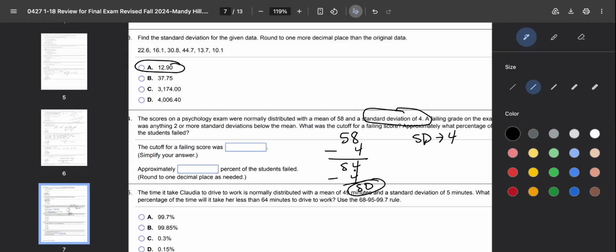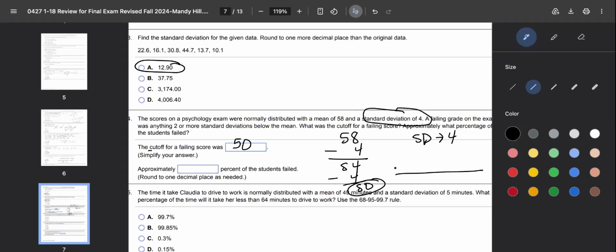So on this question, when it says what the cutoff for a failing score was, it was 50 because we subtracted it twice. Then it says approximately what percent of the students failed.